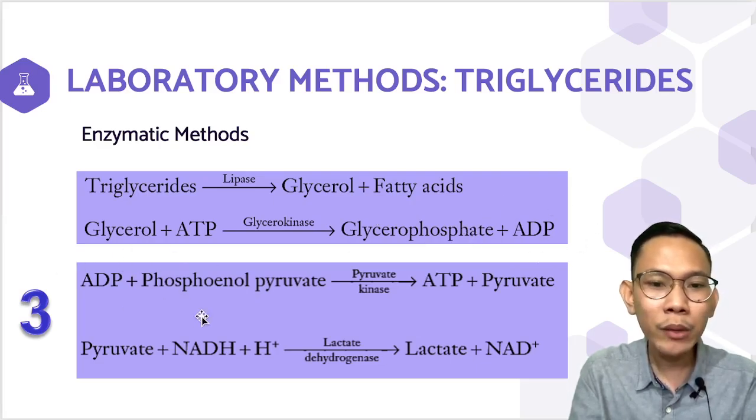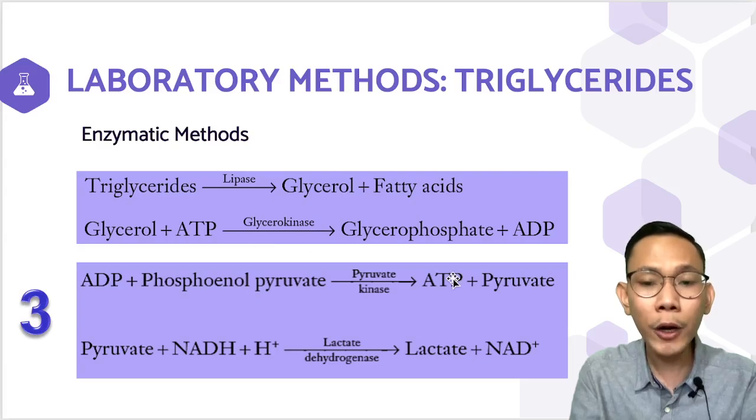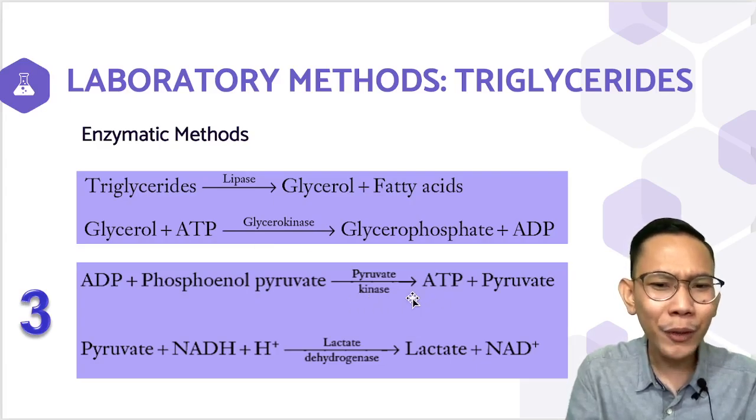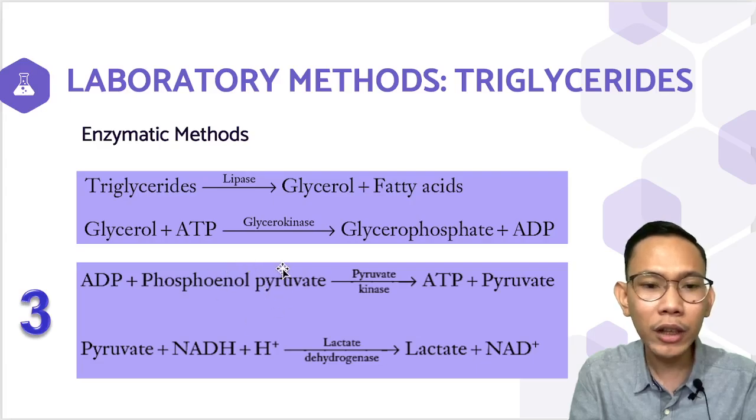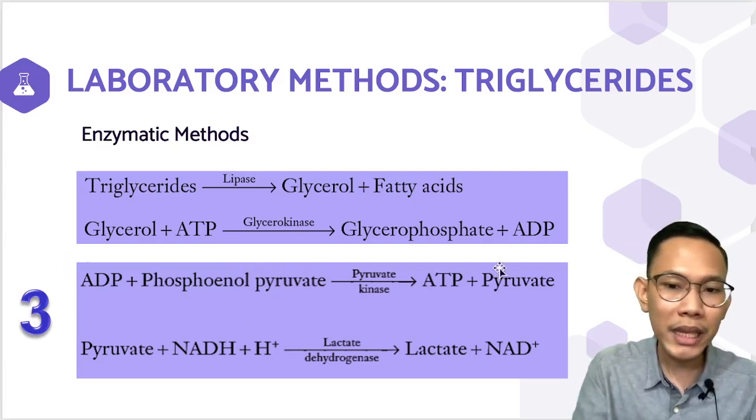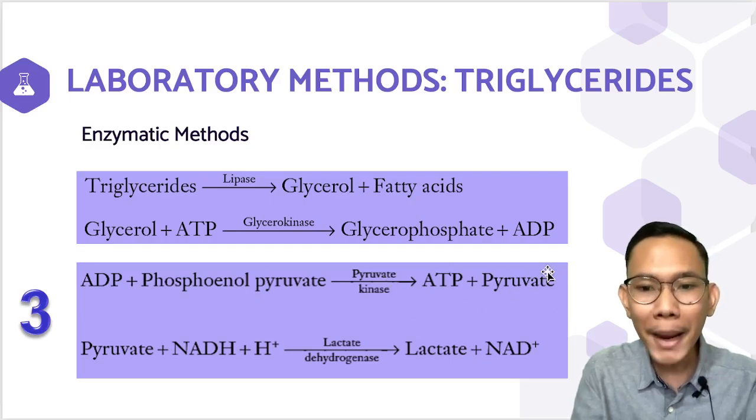Ang ADP naman will be acted on by your pyruvate kinase with the presence of your phosphoenolpyruvate, forming now your, again, once you hear the word kinase, transfer of phosphate. So, tinanggalan natin ng phosphate ang ating phosphoenolpyruvate, transfer natin sa ating ADP, kaya nagiging ATP at nagiging pyruvate na lang siya.